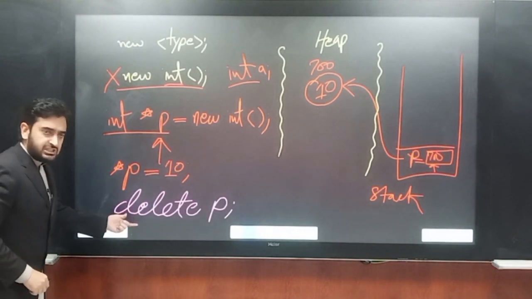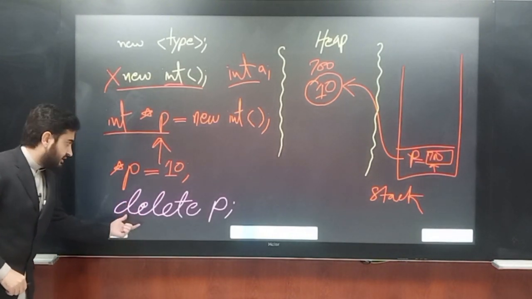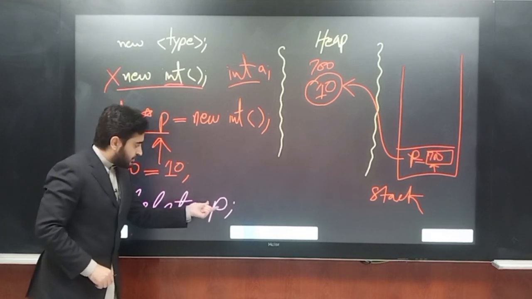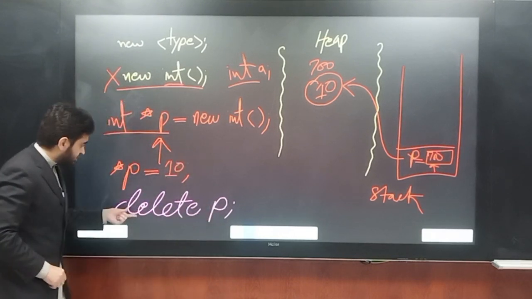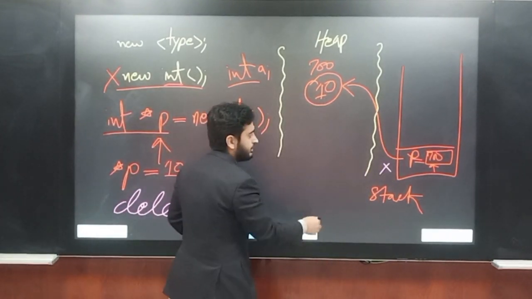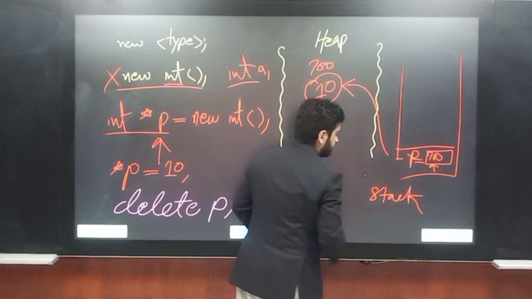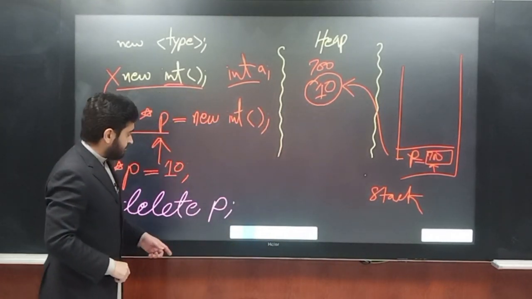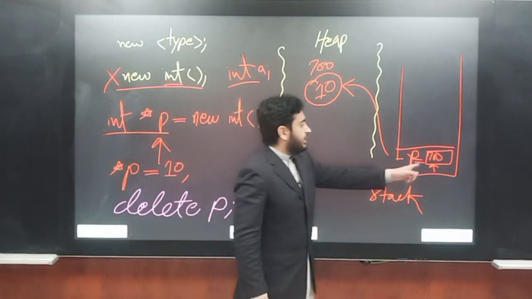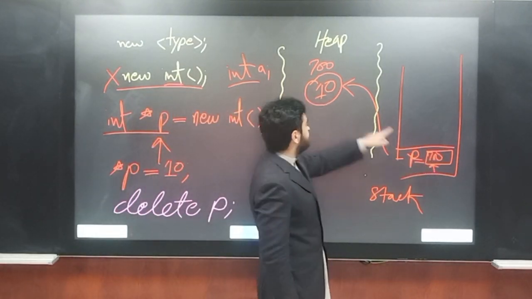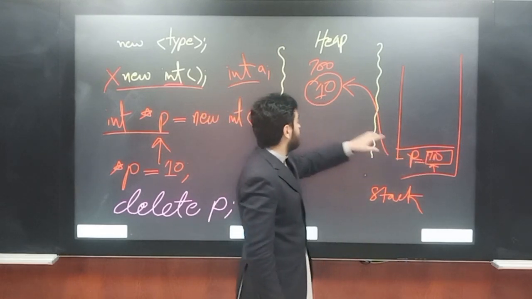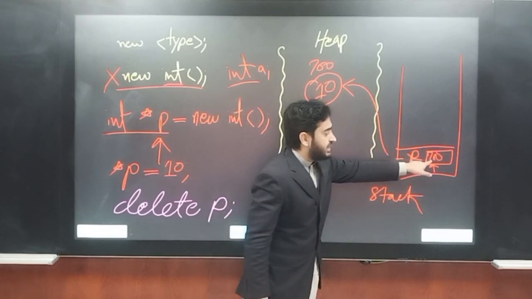So we can use the delete keyword to delete the object to which P is actually pointing. Remember, this delete keyword will not delete the P, but will delete the object which resides on the address saved in the P. So the address inside the P is 700.